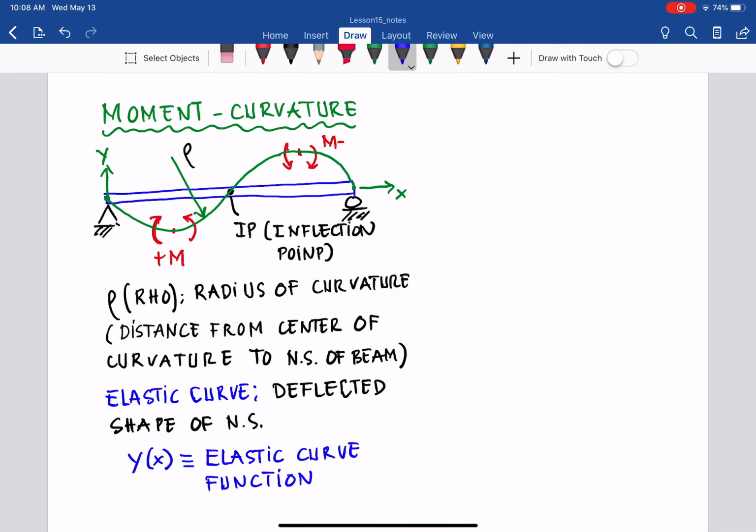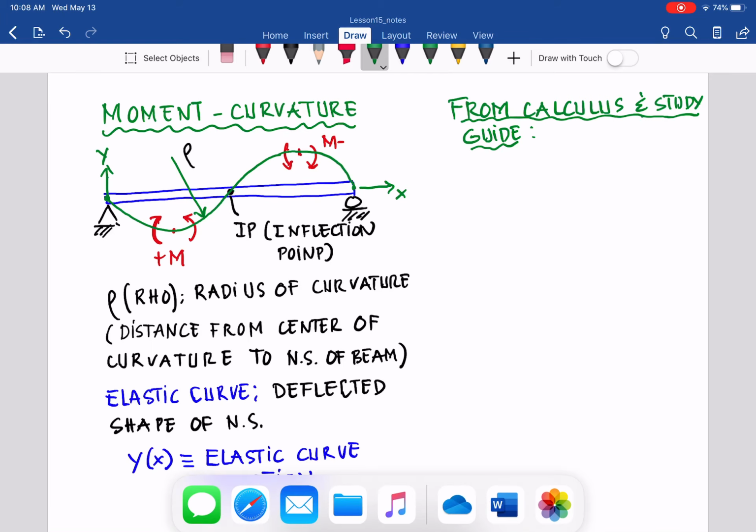So with that definition, and what I showed you previously from the study guide, let's keep what we have from calculus and the study guide of this lesson. I will pull out the study guide again now.